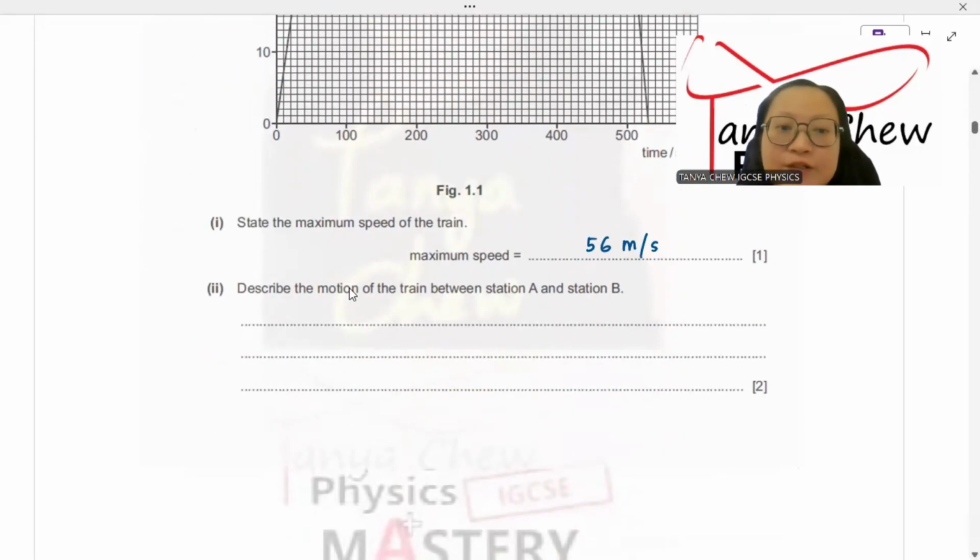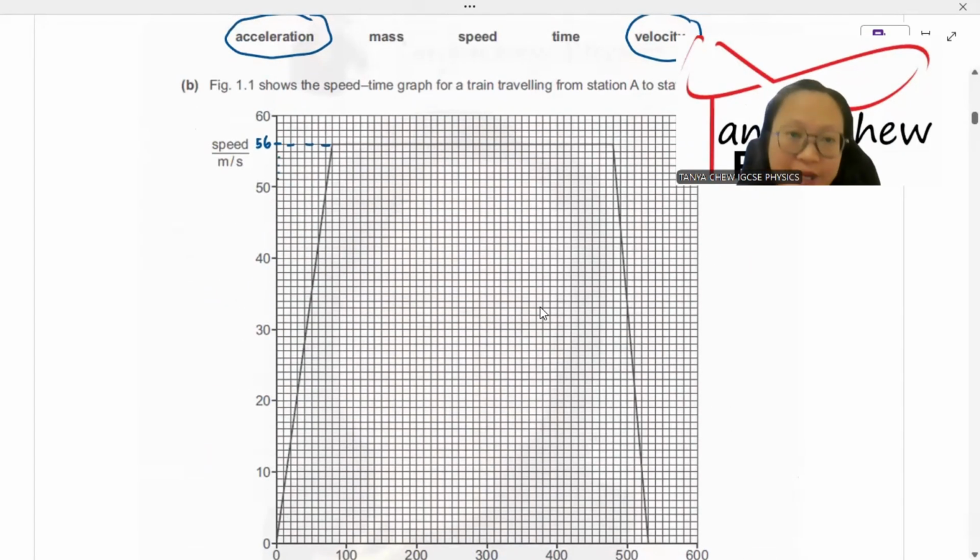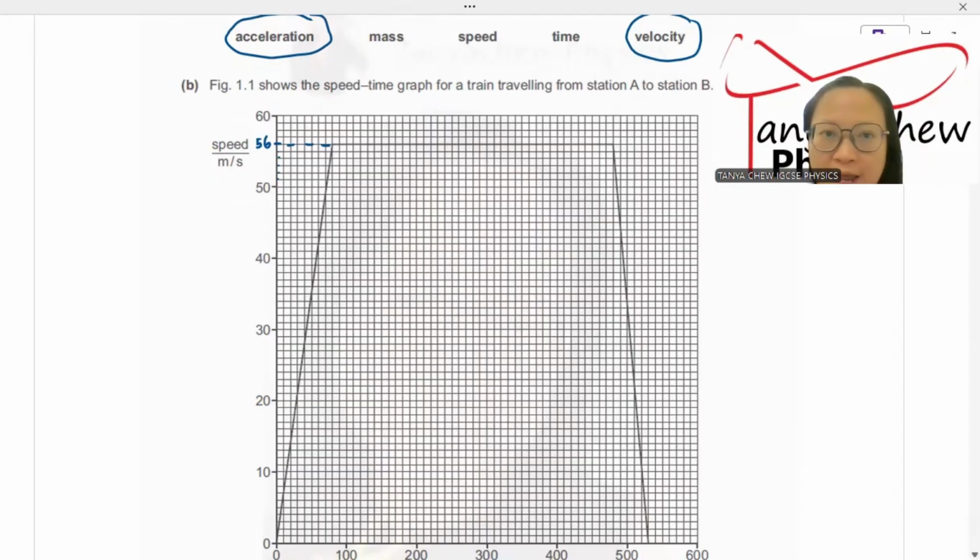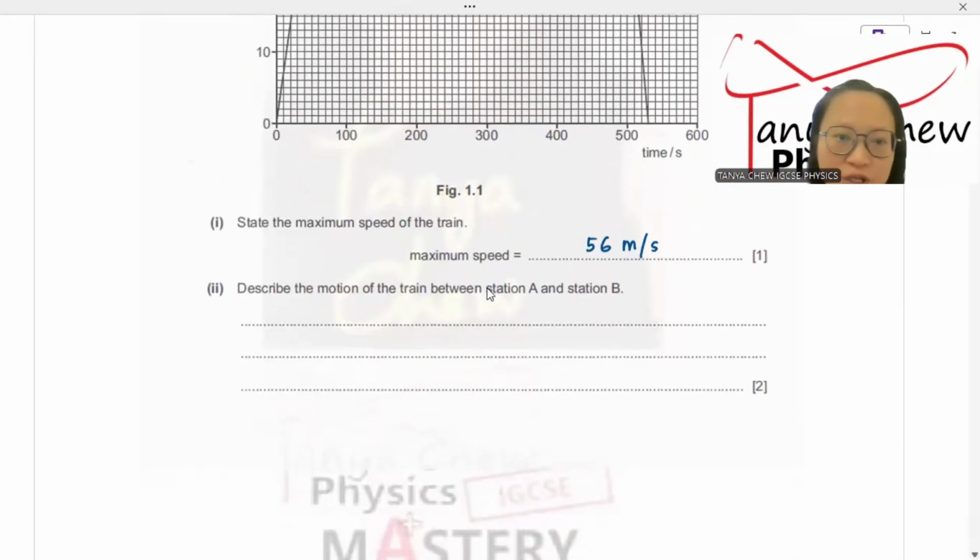The second part, describe the motion of the train between station A and station B. Now, this is the whole graph, showing the speed of the train that is traveling from station A to station B, starting from station A first. Now, I'm going to look at the graph, start from t equal to 0.